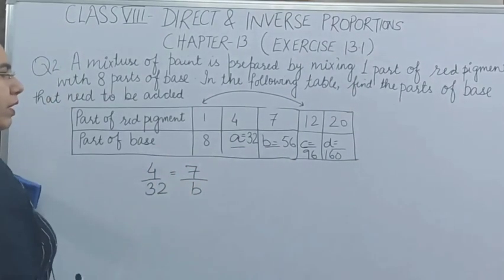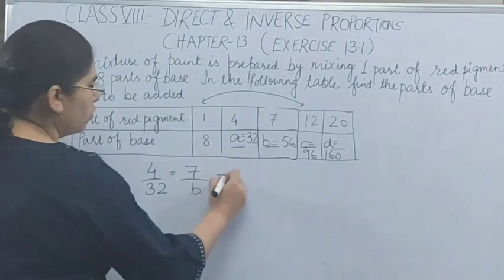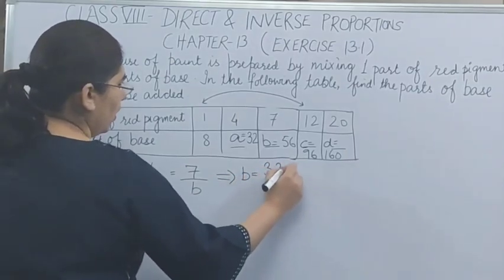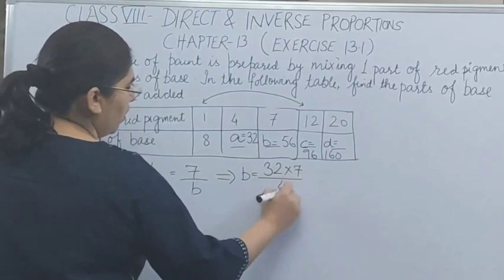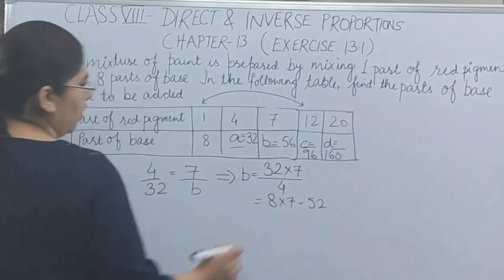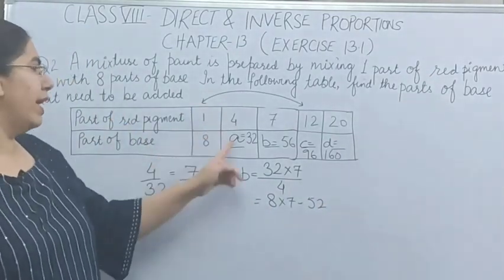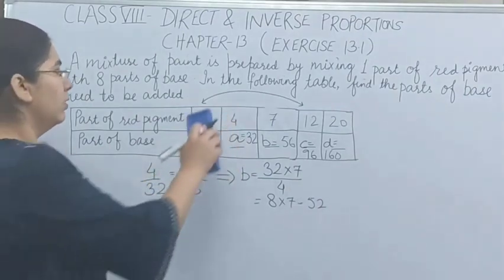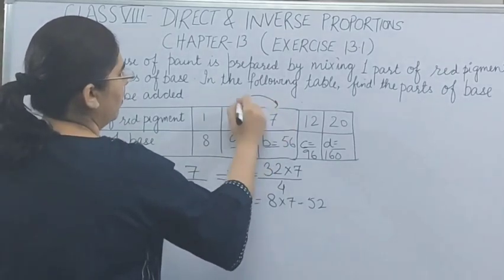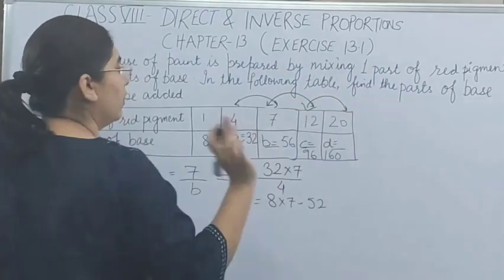I am sure a lot of you would be wondering that, ma'am, I can use this also and this will also give me the same result. B is equal to 32 into 7 by 4, which is equal to 8 into 7, which is 56. So yes, once you find out A, you can use the comparisons of this and this, and subsequently this and this, and then this and this.